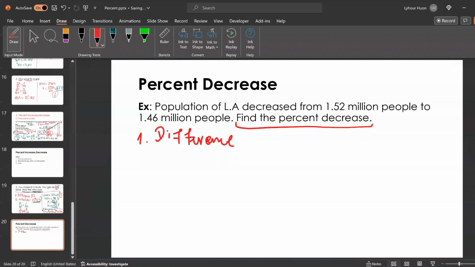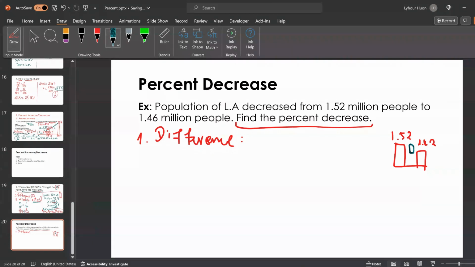How do we find the difference? We subtract 1.52 by 1.46. Let's say 1.35 and 1.42. To find the difference, which is the gap from here to here, we subtract the bigger number by the smaller number.